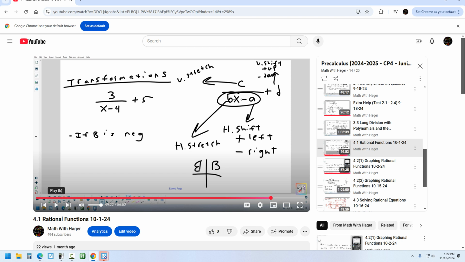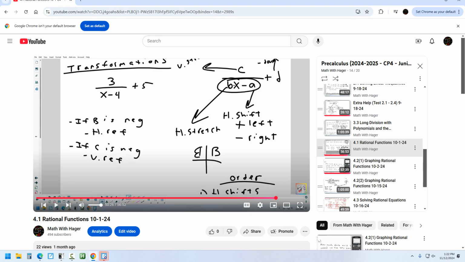No. If b is negative, you get a horizontal reflection. So it's the same as this chart. There's no difference. If b is negative, it causes your graph to reflect horizontally.